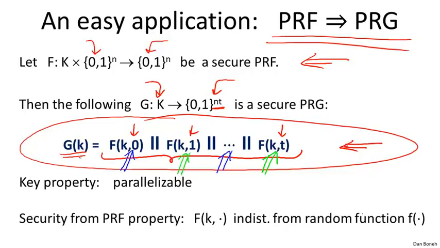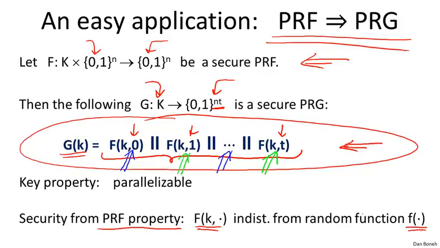Here I'm only going to give you a little bit of intuition, and we're going to come back and argue this more precisely later on. Security basically follows directly from the PRF property. The way we reason about it is that this PRF, by definition, is indistinguishable from a truly random function on 128 bits.